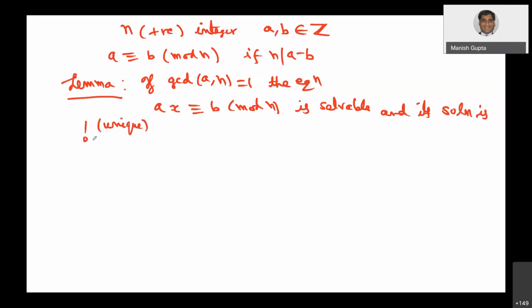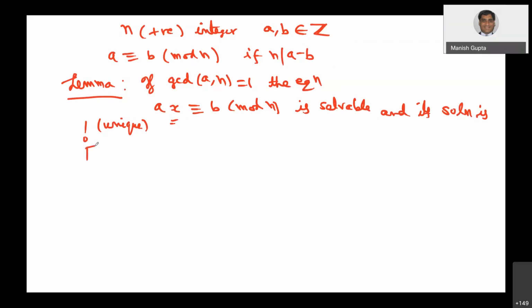I use these symbols for uniqueness. So if we have an equation like ax congruent to b mod n, I want to find what x actually is. If GCD of a and n is 1, then I will be able to solve it.